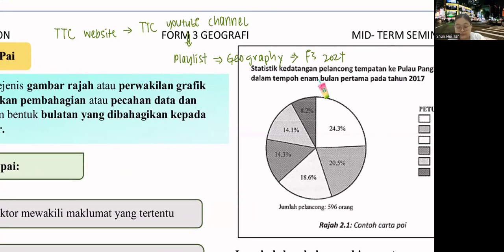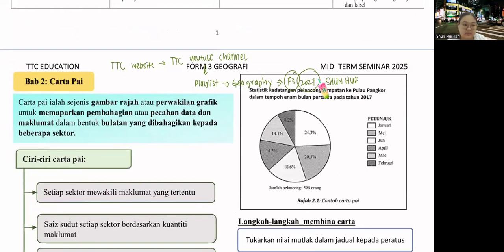Okay, form 3 geography. I forgot the title already, but something here. Okay, form 3 geography 2024, and then with my name. Cause last year's seminar I did chapter 1 and 2. All right, if you need it, go towards it.